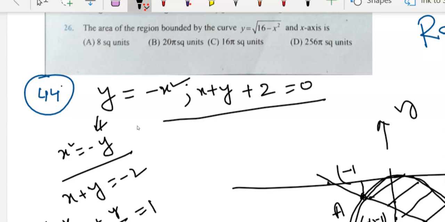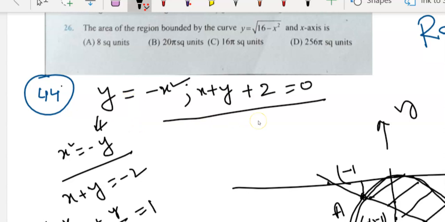You can write the required area is minus 3 to 3, that. Acha, one thing. This area they did not ask, because the graph is 1 plus mod x plus 1.